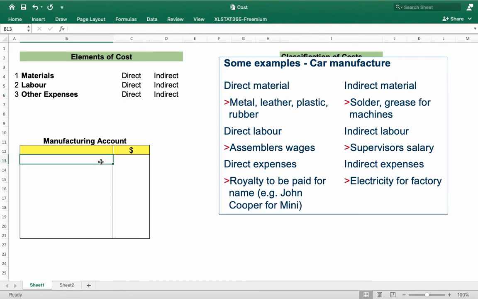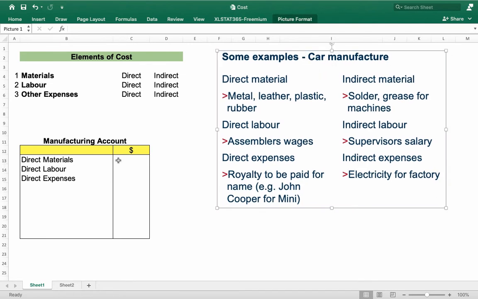Direct materials, direct labor, and direct expenses. First we will take all this. Suppose to manufacture the car, the direct material we used is $10,000.